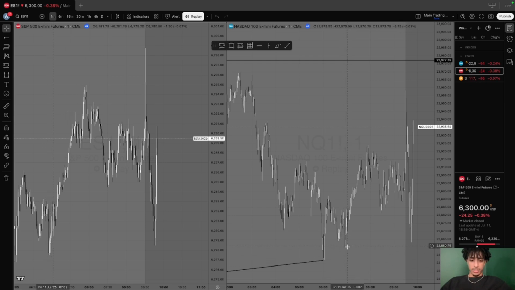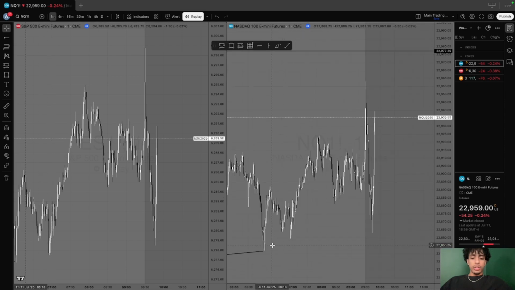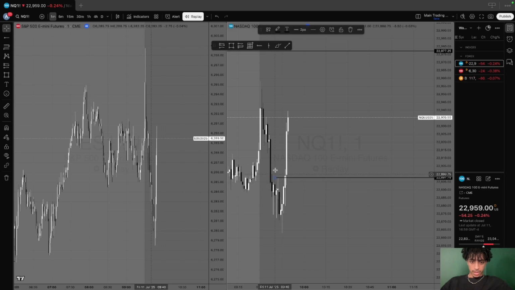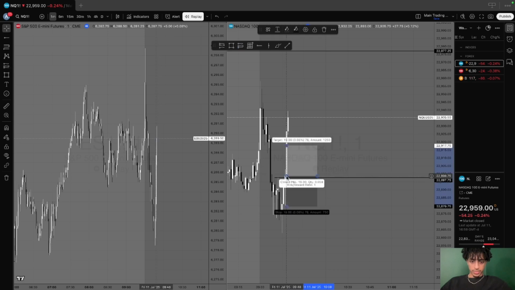So no SMT, okay? If one of these pairs took out this low and we created an SMT, I probably would have entered right here off of this market structure shift. Market structure shift would have been off this high. Sorry, that high. It would have entered off this candle shifted structure to the upside. Would have entered here. Stop loss here.